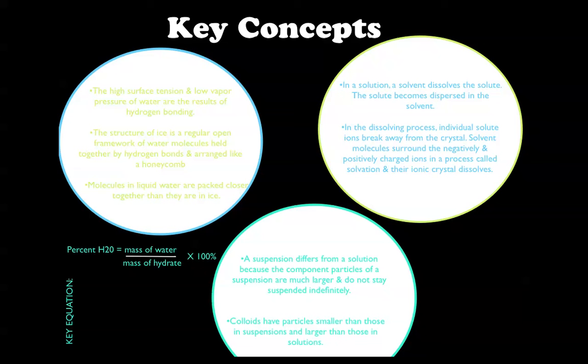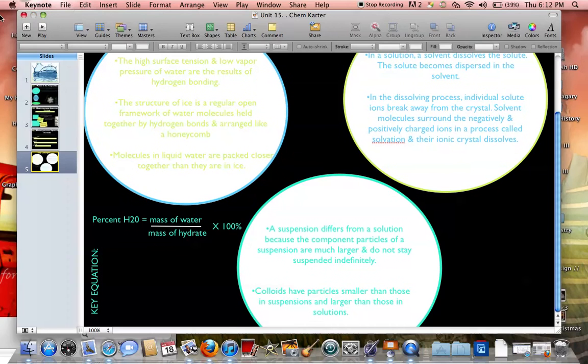So a suspension differs from a solution because the component particles of a suspension are much larger and they don't stay suspended. And colloids have particles smaller than those in suspensions and larger than those in solutions, which is review and just something important that you want to keep in mind throughout this chapter.